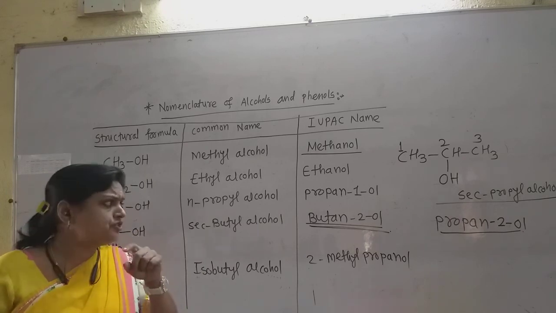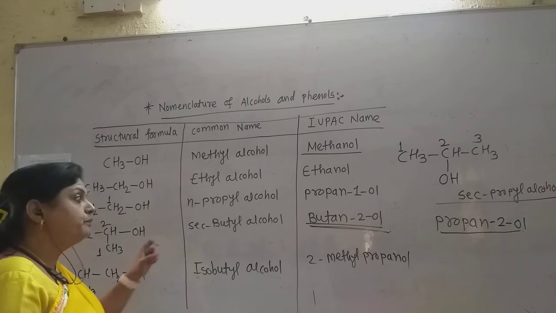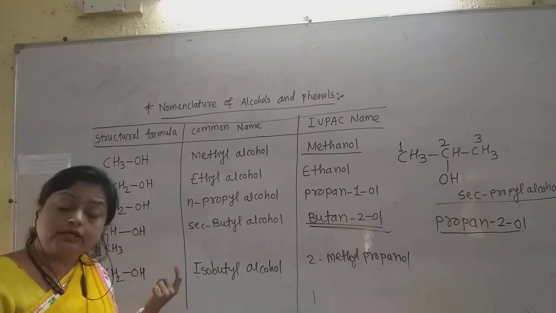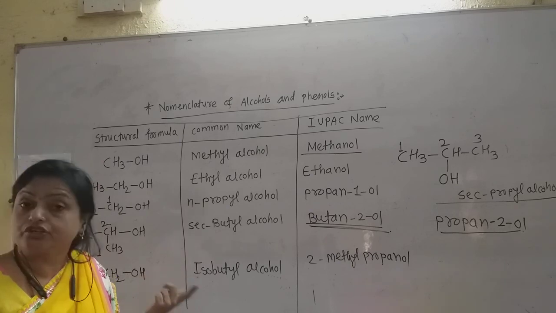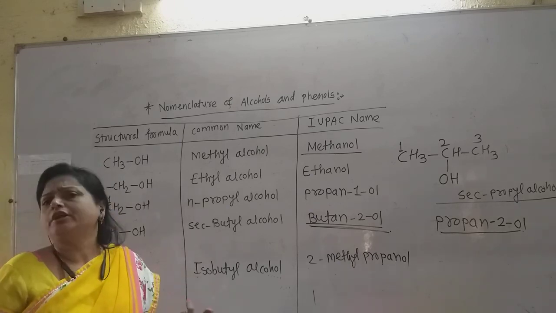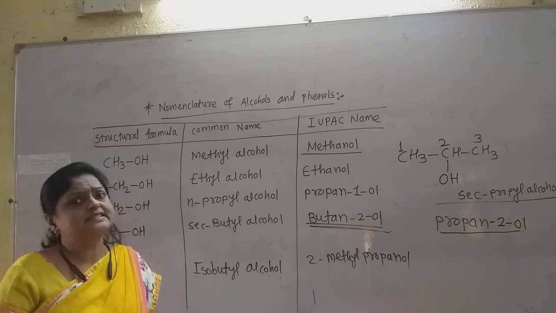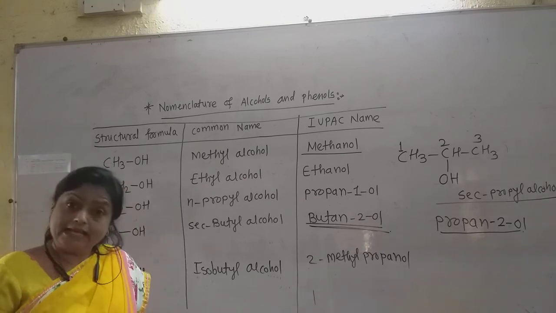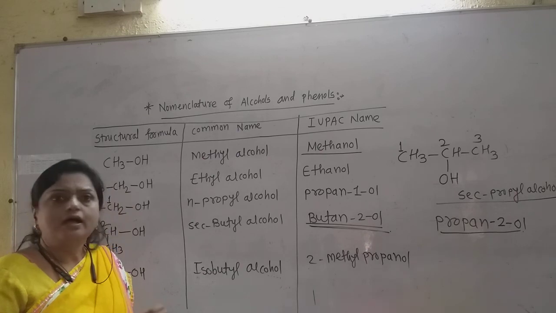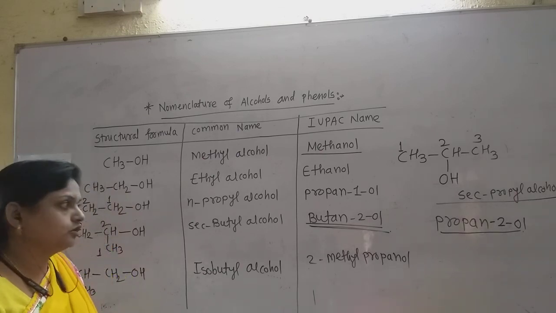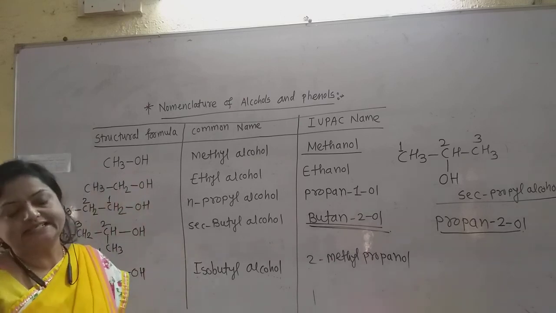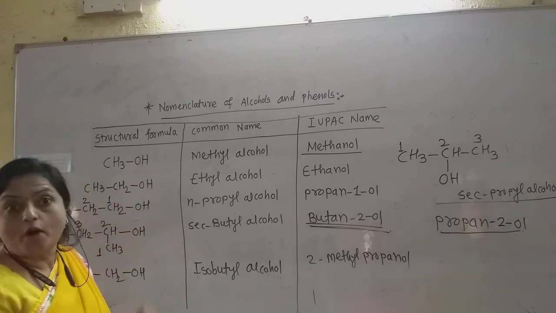So you must know the structure of butan-2-ol. If you do not know the IUPAC names and structures of the compounds, you cannot write the reactions, because reactions are very important. So IUPAC names as well as common names are very important. Study these IUPAC and common name systems carefully.